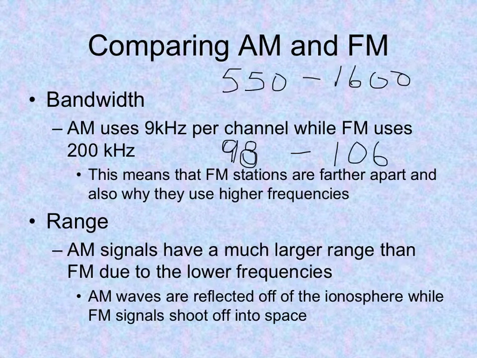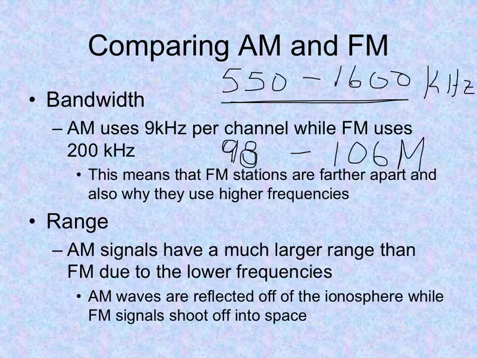But what you need to realize is that while these are the station frequencies, the AM stations are in kilohertz, while the FM station numbers are in megahertz. Okay, so that's why even though these numbers are bigger, the coefficients are bigger, they're actually smaller frequencies, larger wavelengths.